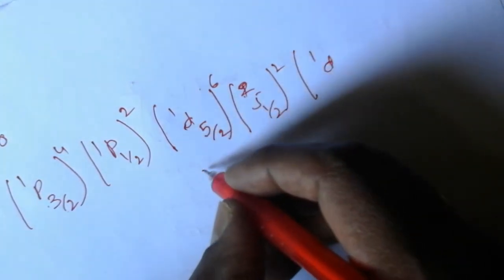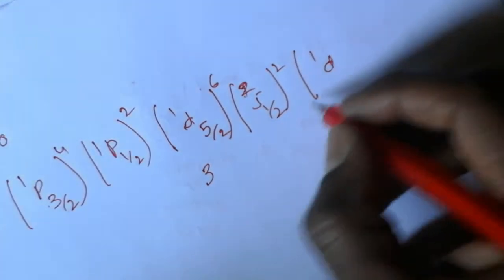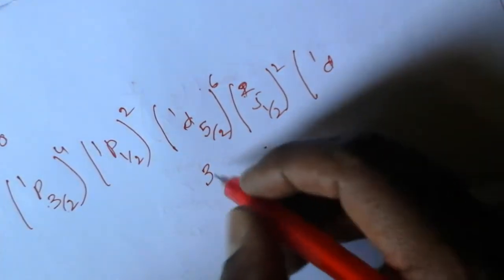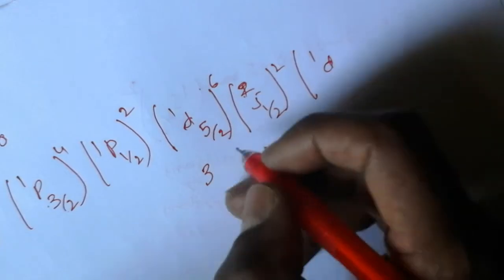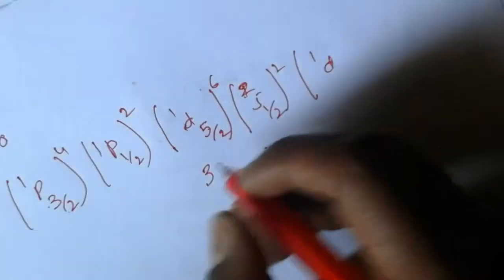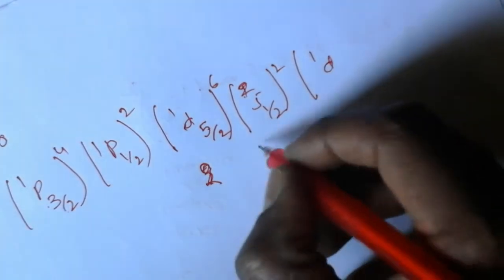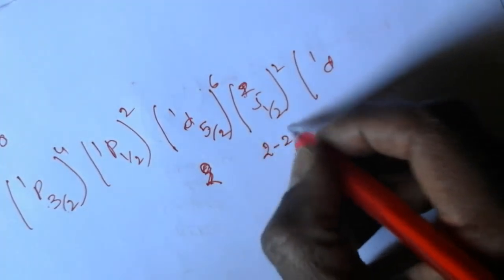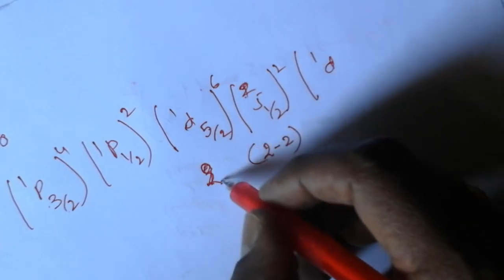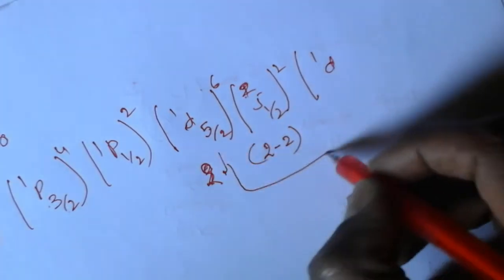So d means 2, so 2 minus 2, the 2 is divided into 1, like this and like this.